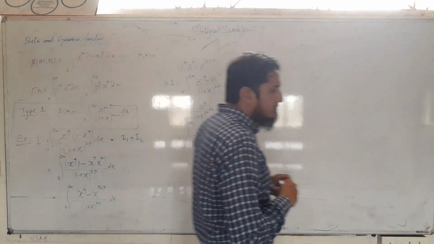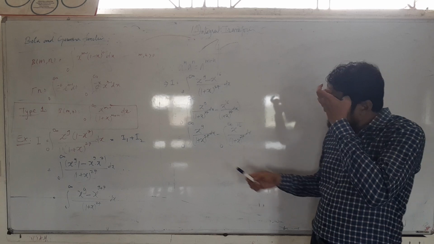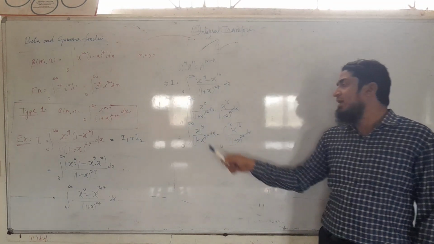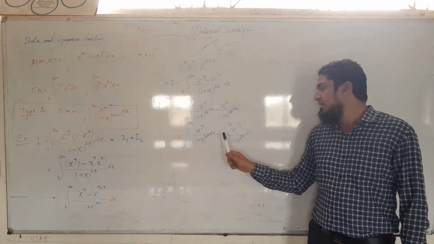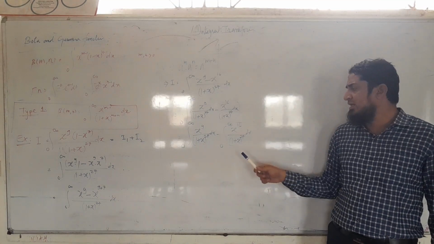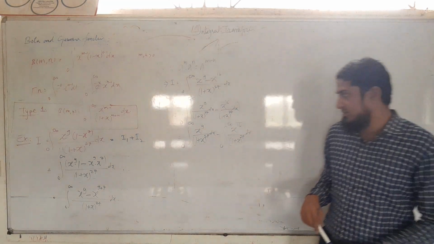Correct? Now we have two different integrals, in which one is integration from 0 to infinity x raised to 9 upon (1 plus x) raised to 27 dx, and another is integration from 0 to infinity x raised to 16 upon (1 plus x) raised to 27 dx.